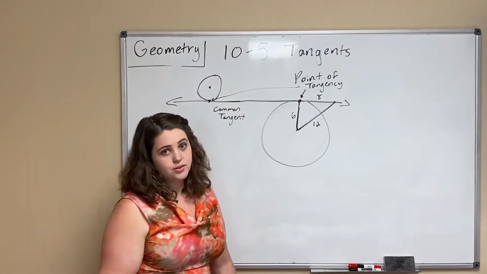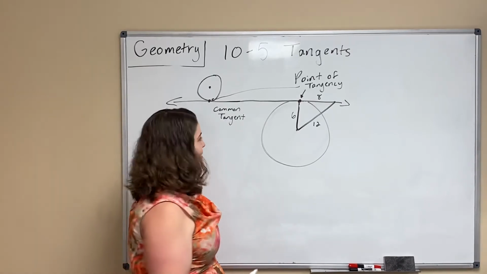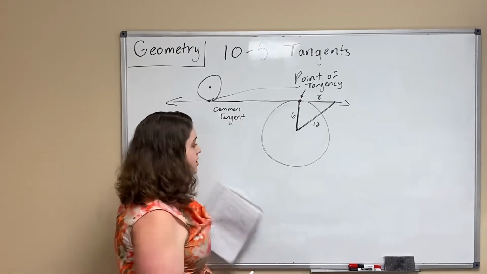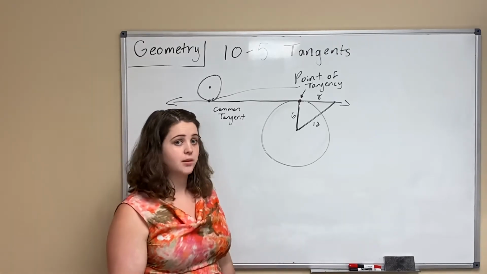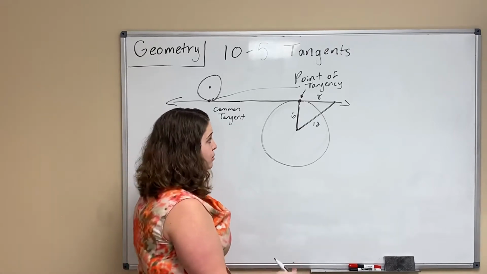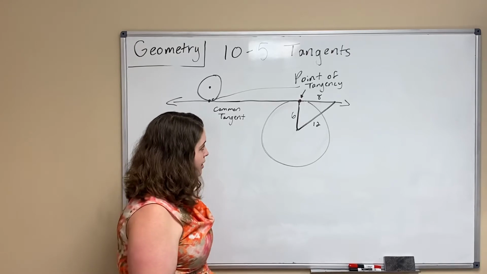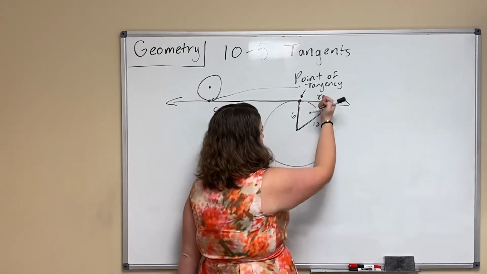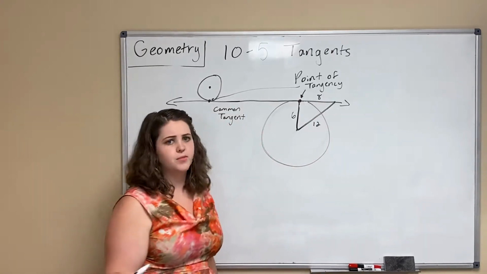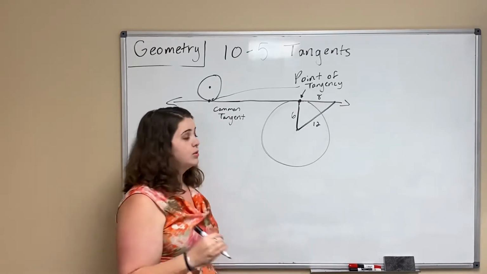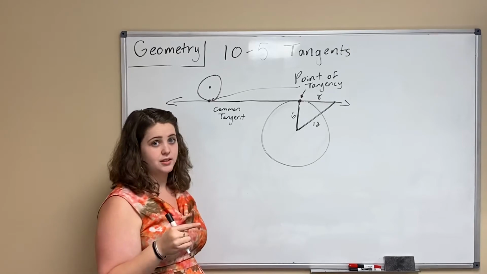Now you could use the trigonometry that we've learned and your side lengths, but one easy way to do this is the Pythagorean theorem that we've talked about in the past, which only works with right triangles. So if these values fit the Pythagorean theorem, then we'll know that this is a right triangle. If we know that it's a right triangle, we'll know that that line is tangent.